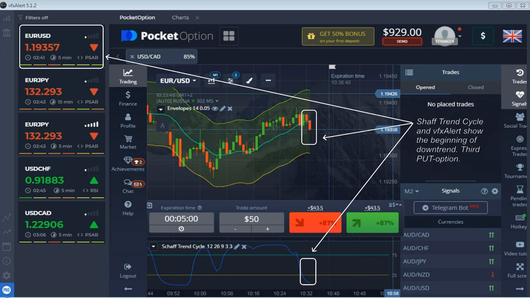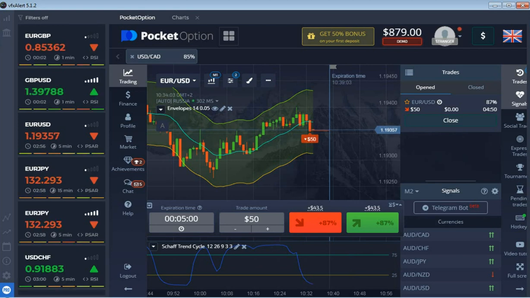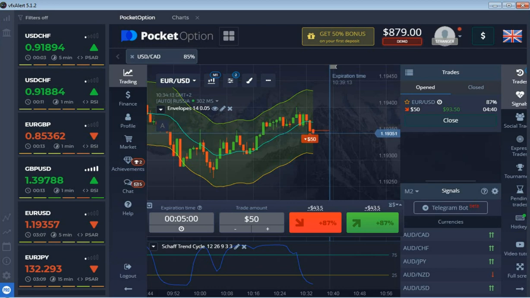Again the euro-dollar. Trend cycle shows downtrend. The price is below the envelope's average. You can open the third put option. If the expiration is profitable, we end the trading session.